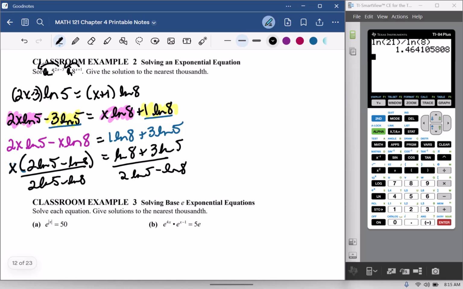Then I'm going to come over here, careful with parentheses: open parentheses, ln of 8 plus 3 ln of 5, close parentheses, divided by open parentheses, 2 ln of 5, close it, minus ln of 8. The hardest thing here is going to be the parentheses. 6.062.